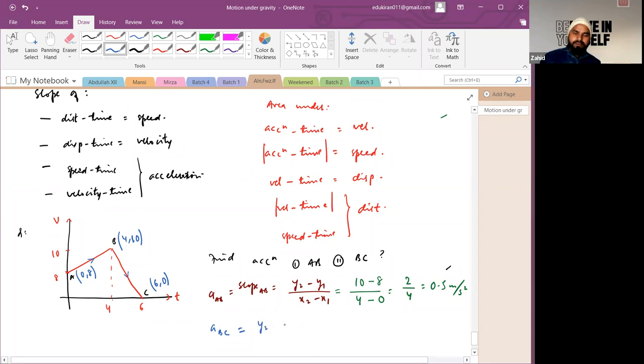So it will be y2 minus y1 divided by x2 minus x1. In this part, y2 will be 0, y1 will be 10, x2 will be 6, and x1 will be 4. So it will be minus 10 divided by 2, or minus 5 meter per second square.